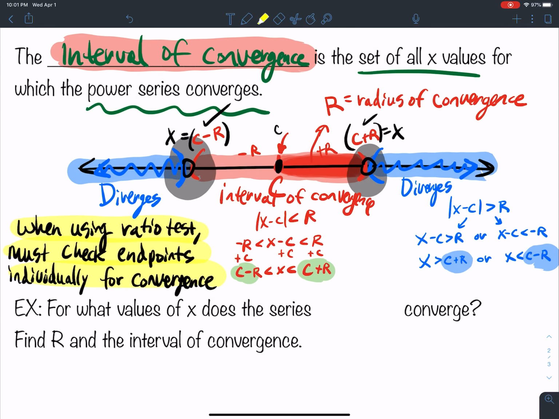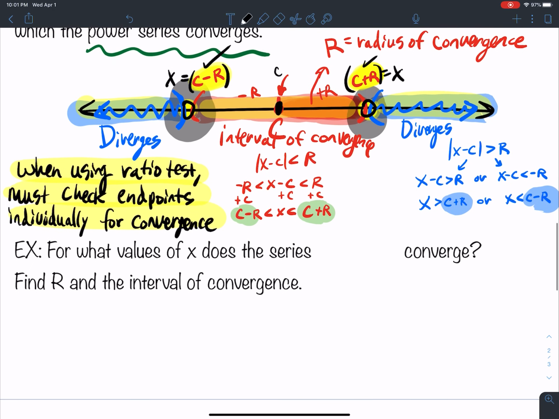So this little theorem is going to help us figure out the intervals, but then to get those endpoints, you have to just plug in those values, whatever they might be, the c plus r, the c minus r, and see, does it work here? So we're going to run through an example here, and then we'll end the video, okay?